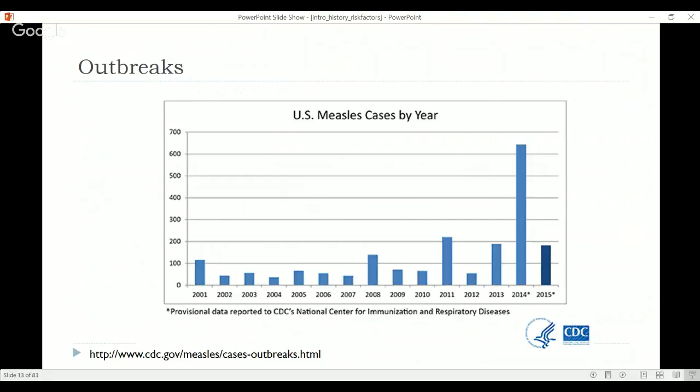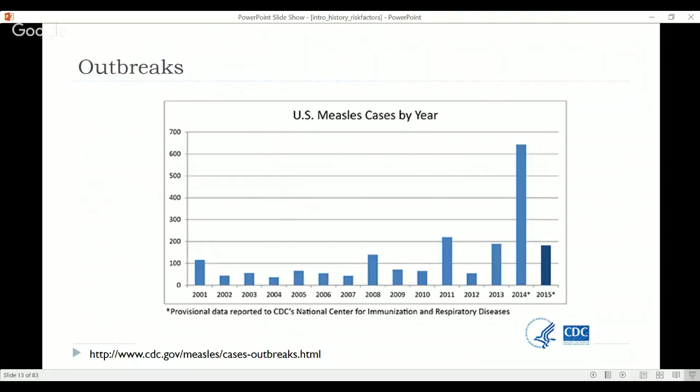As of 2000, measles was declared eliminated from the US. And the annual number of people reported to have measles has ranged from around 37 people in 2004, way down here, to a high of 668 in 2014.